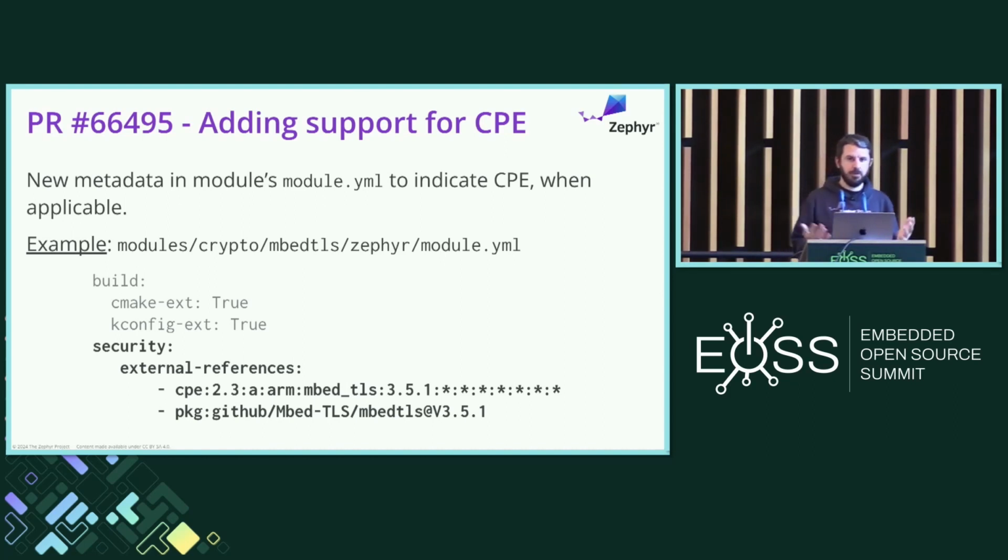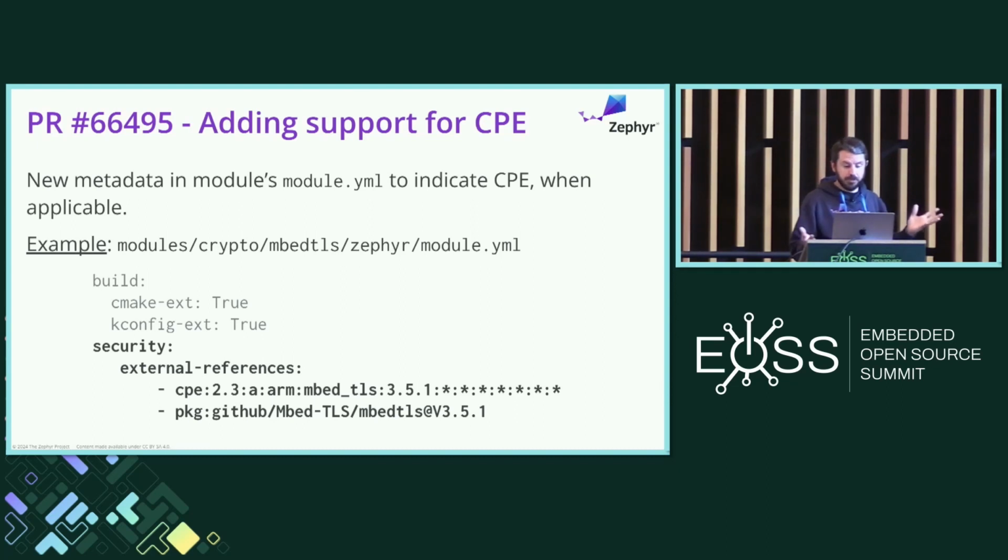So in Zephyr, when you install Zephyr and do the initial west update, it pulls all the modules that are defined and described in your manifest, and all those modules themselves have manifests that describe how to build them and how to configure them. The proposition is to add metadata that indicates, for example, that the Mbed TLS module that Zephyr has is effectively Mbed TLS version XYZ. The fork we have in Zephyr is usually pretty much equivalent to the upstream project.